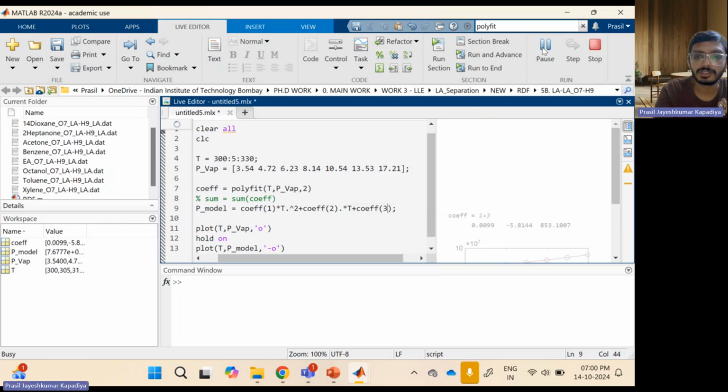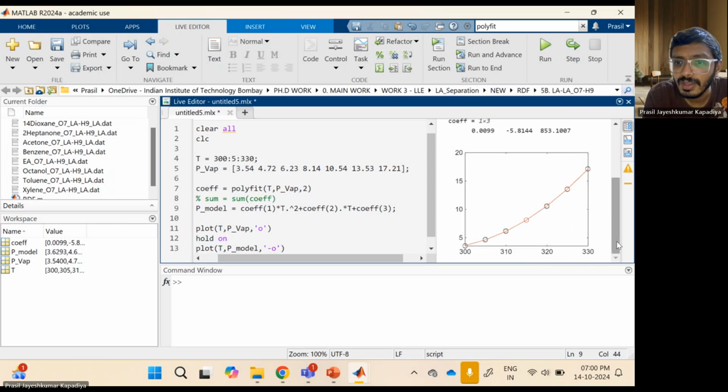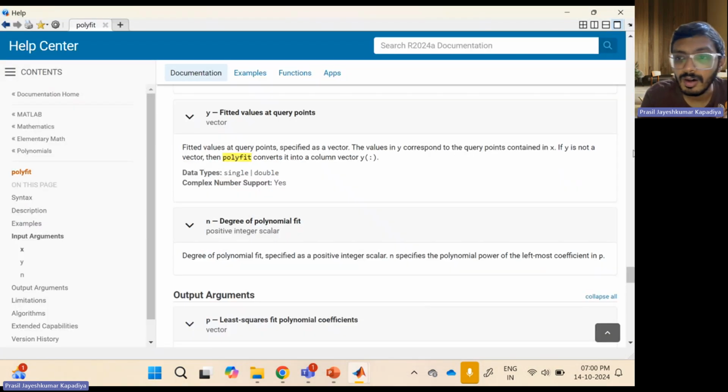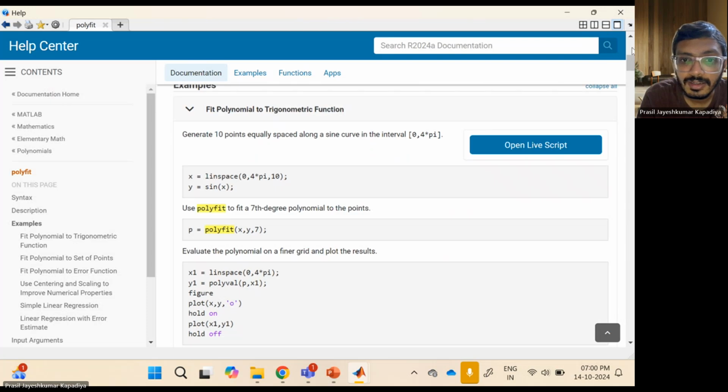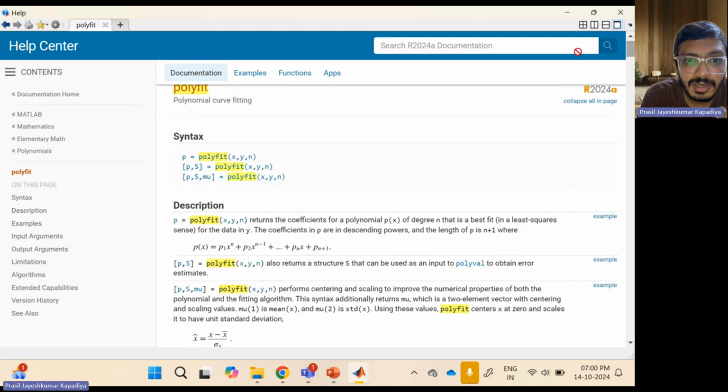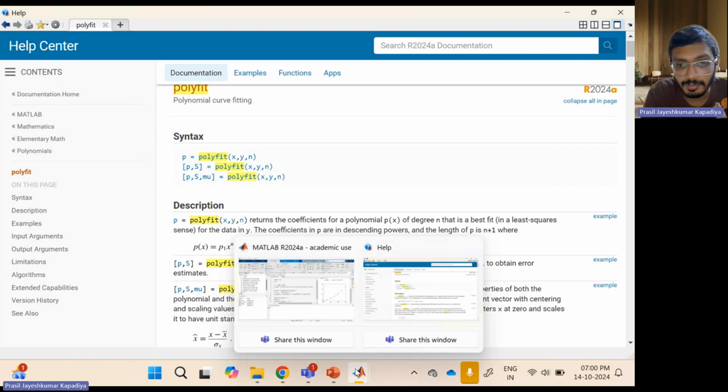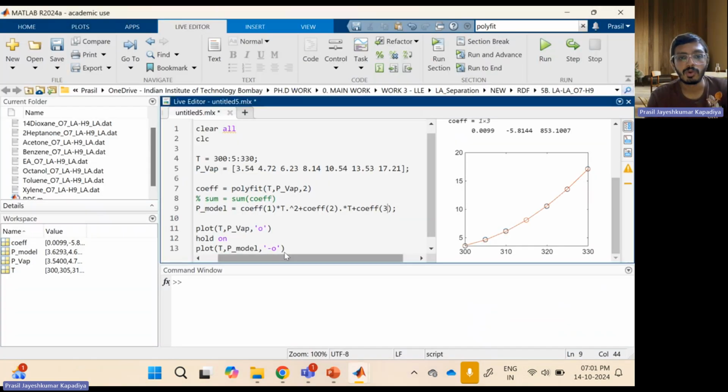Okay, now let's try to plot this. So see, it is matching well. Okay, so here you need to remember that the first coefficient is with the highest degree. If you see it from here, P1 is the order 2 coefficient. So here T square's coefficient is the first one. So what I wrote was completely off.